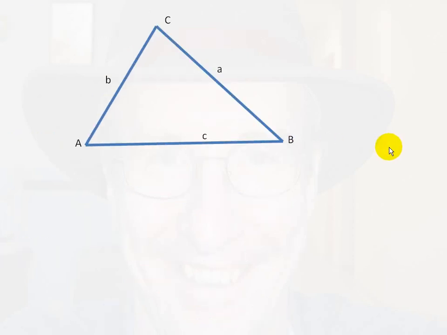Now, let's see if we can investigate and find out what this law of sines is referring to. Here I've got an oblique triangle, and I'll go ahead and construct a height from the side AB up to the vertex C. And we want to take note that, of course, sine A is opposite over hypotenuse, h over b.